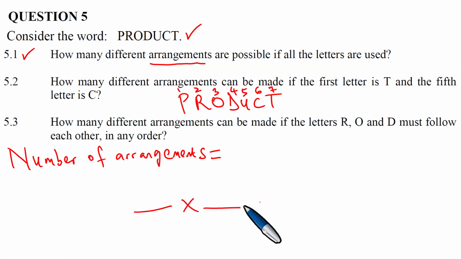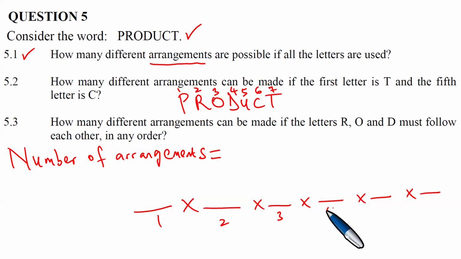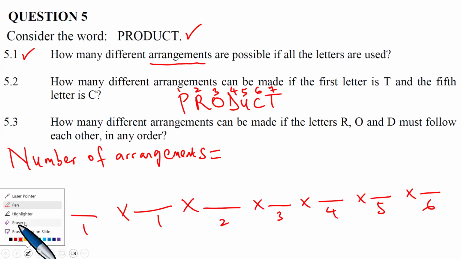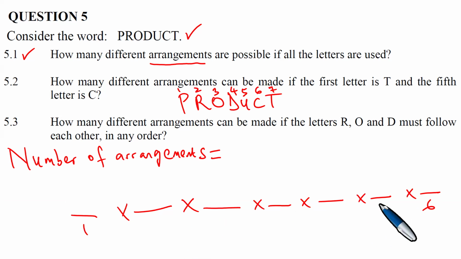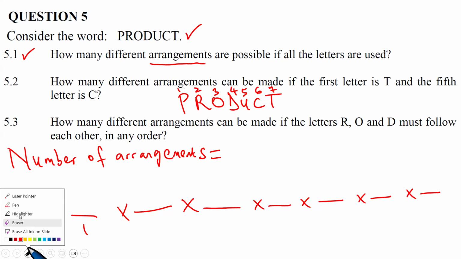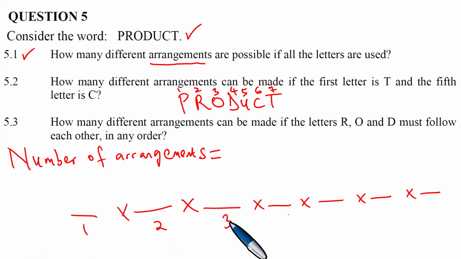So we do it in a straight line, with positions 1, 2, 3, 4, 5, 6, 7, proceeding towards the right. What are we able to see? We have a total of 7 letters.